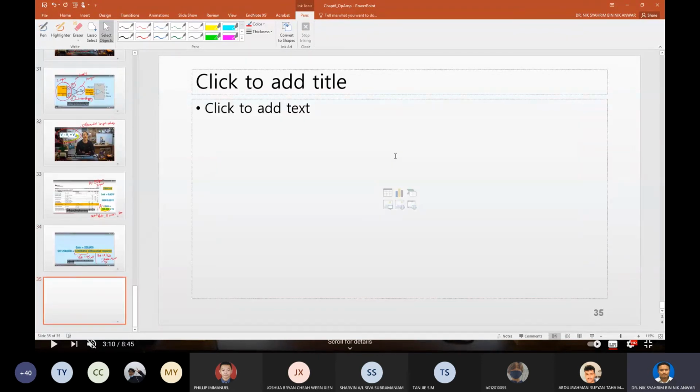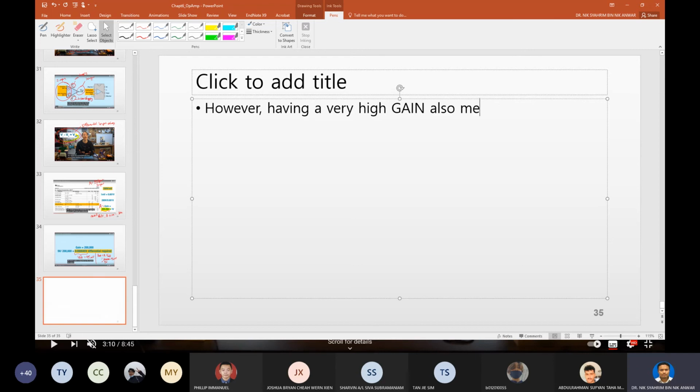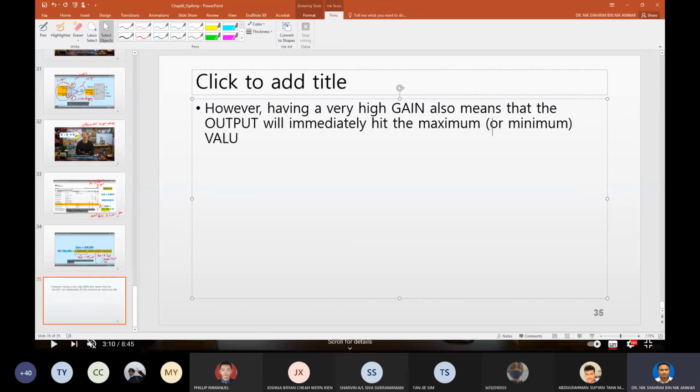However, having a very high gain also means that the output will immediately hit the maximum or minimum value, called V saturation, even with a very small voltage input.